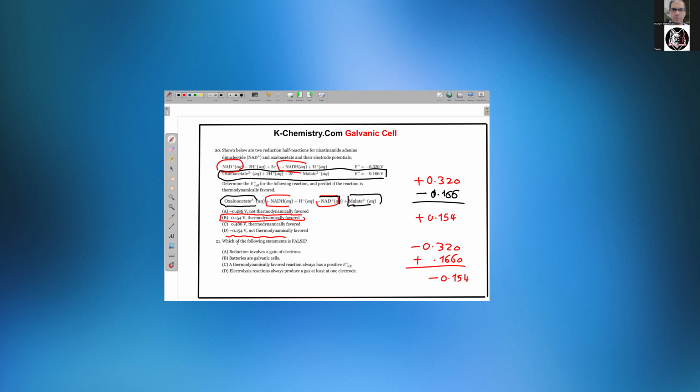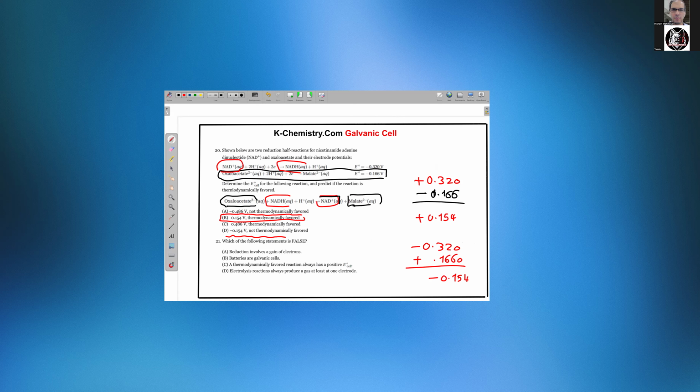Let me have a look at the book again and see what his explanation is. Bismillah. He's saying that NADH is being oxidized in this reaction, and the oxaloacetate is being reduced.